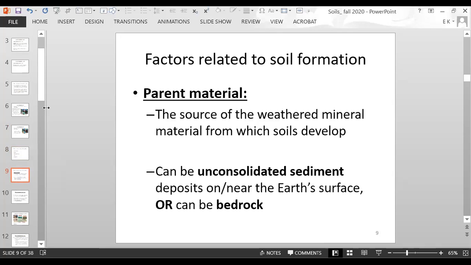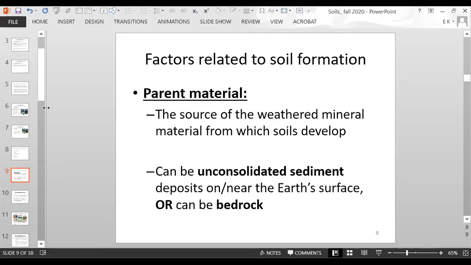So the parent material is the source of the weathered material from which soils develop. In other words, it's the source of the rocks, the source of the minerals that break down, contributing mineral material to the soils.